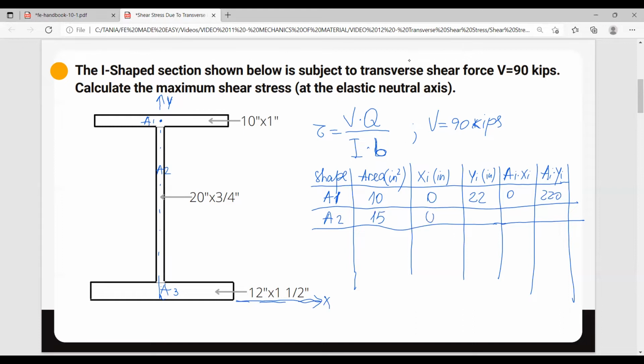X component is going to be 0, and then the y is going from the middle of this shape all the way to the bottom of this flange here. So we have 10 plus 1.5, that's going to be 11.5. Again, this product equals 0, and then the AY product equals 172.5.